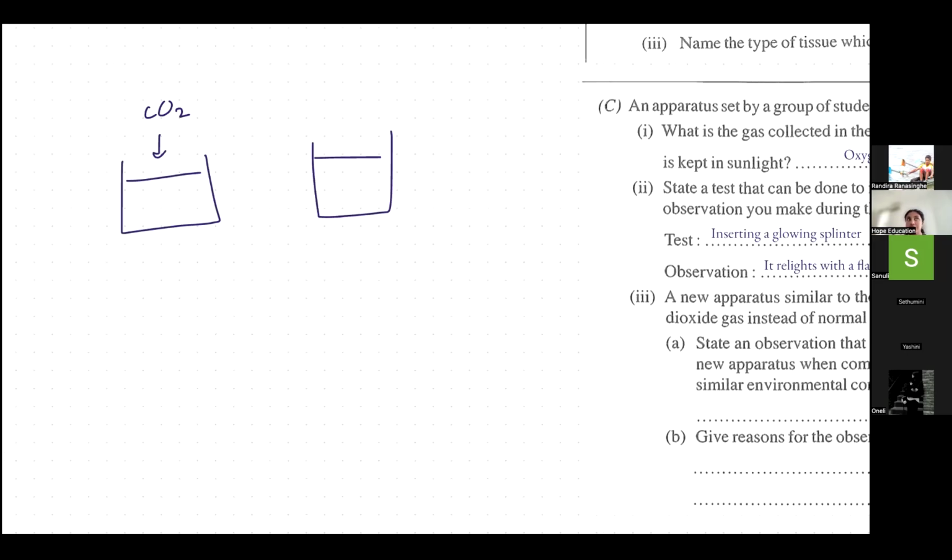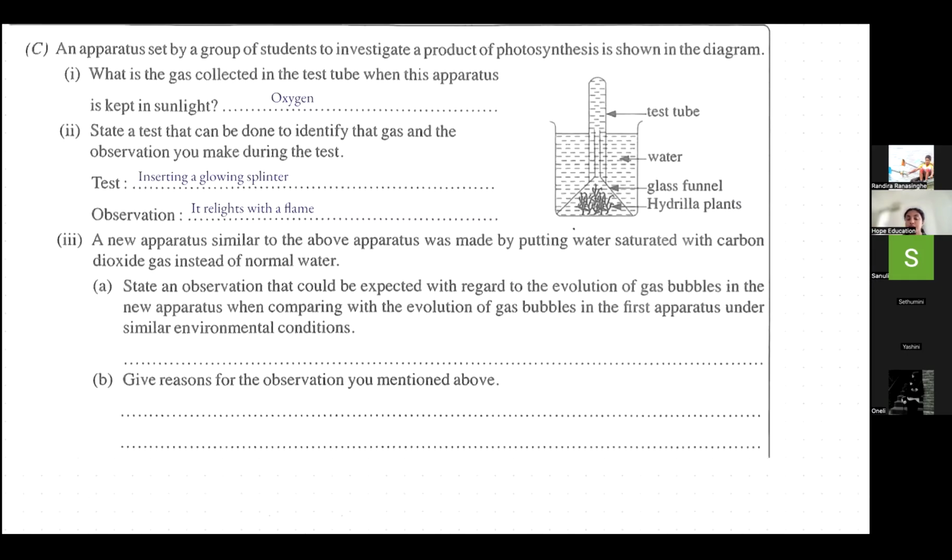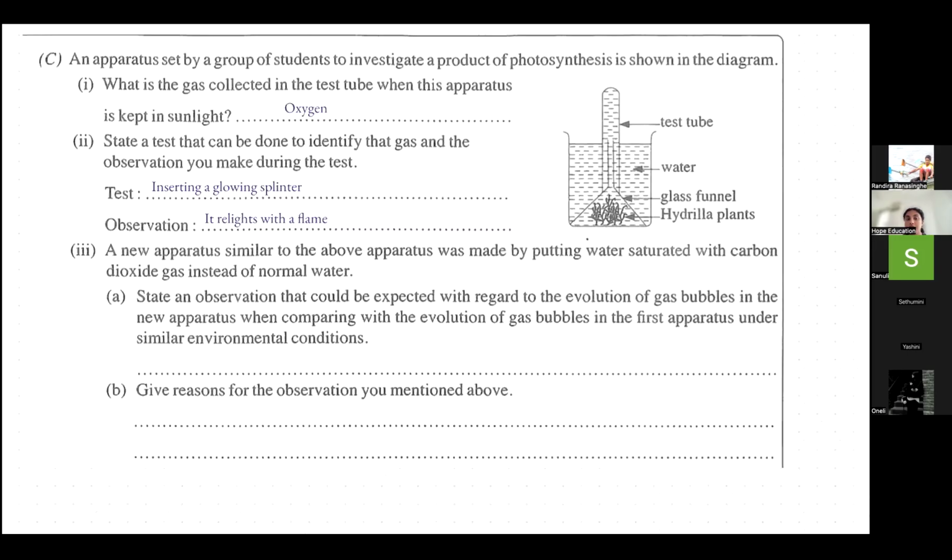So water saturated with carbon dioxide means the maximum amount of carbon dioxide that we can dissolve in water has been dissolved. Okay? That means water saturated with carbon dioxide has more carbon dioxide. Is that clear to you? Give me a thumbs up if it's clear.